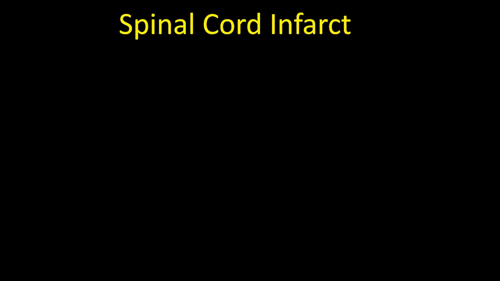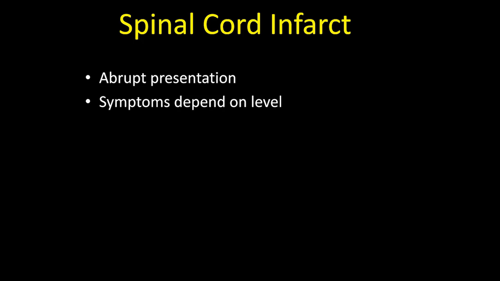So, moving towards spinal cord infarct, the most important thing is to recognize and suspect it clinically. The most important part is that it will present with an abrupt presentation of symptoms, depending on the level where the infarct is.